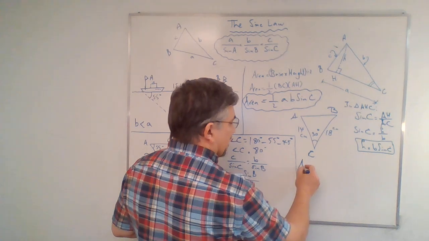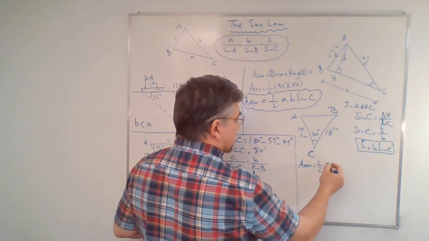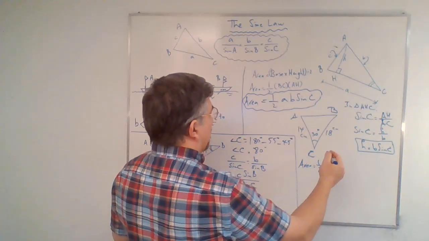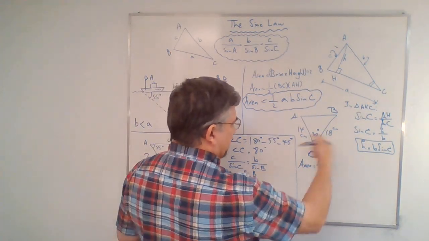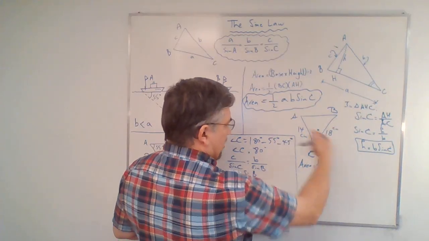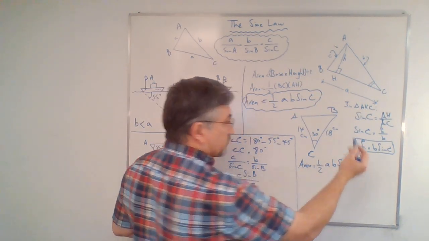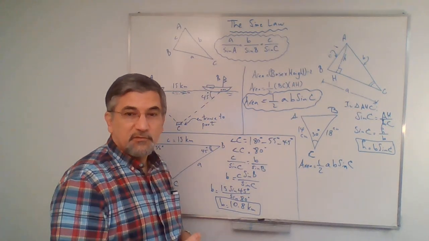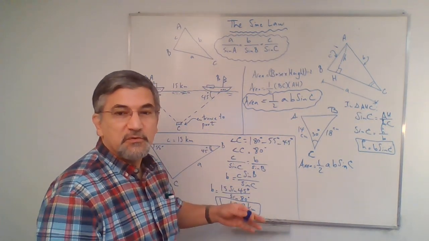So the area is 1/2 A, B, sine of C. I was trying to use the base times height divided by 2 formula, but I noticed that we just discovered a new formula, so why should we bother?